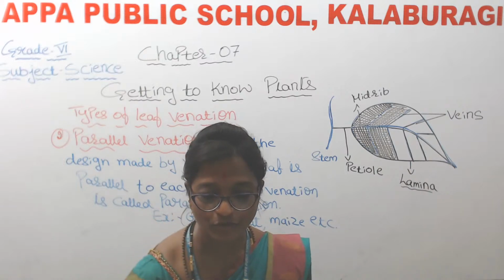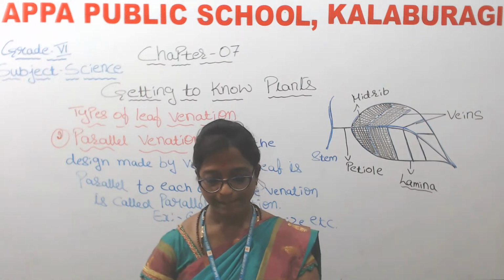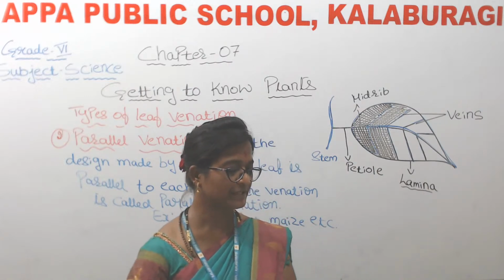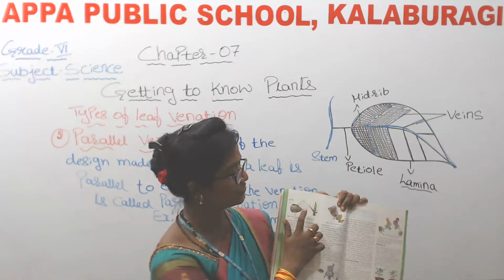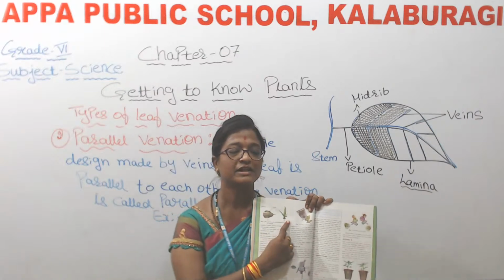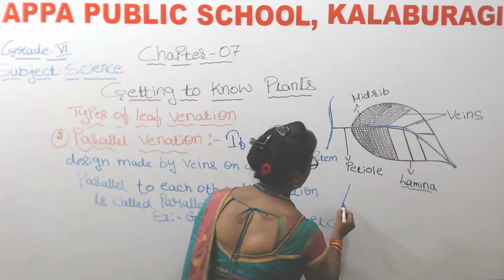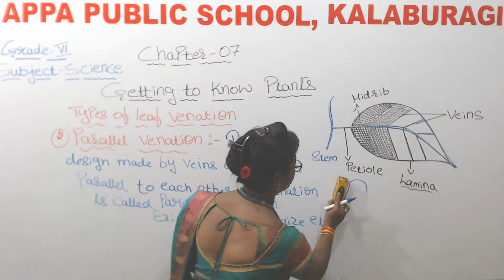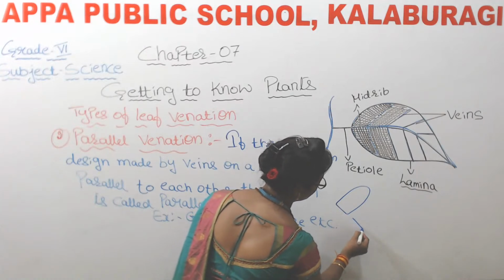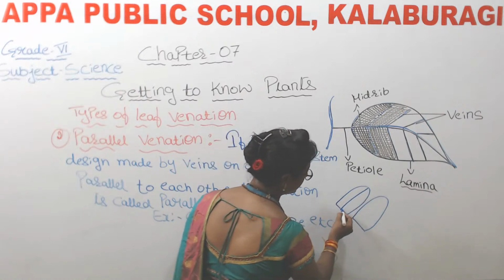Here in your textbook also they have shown this, children. Just open your textbook, page number 56. Here you can see the two types of venation: one is reticulate venation and another one is parallel venation. In the parallel venation, these two are the leaves.